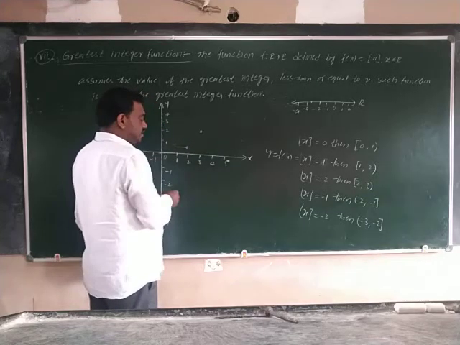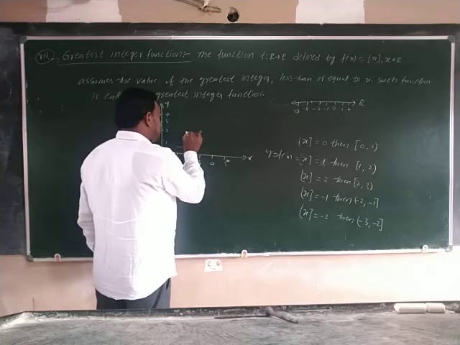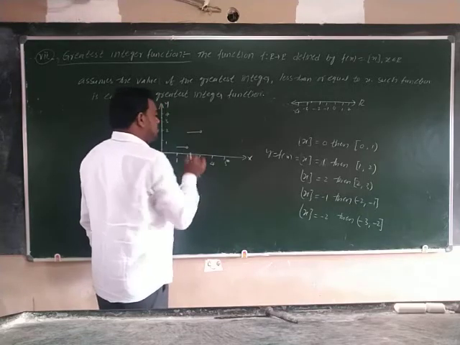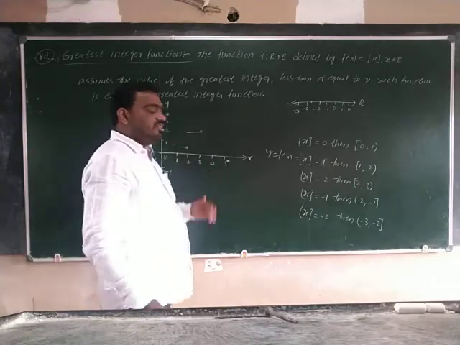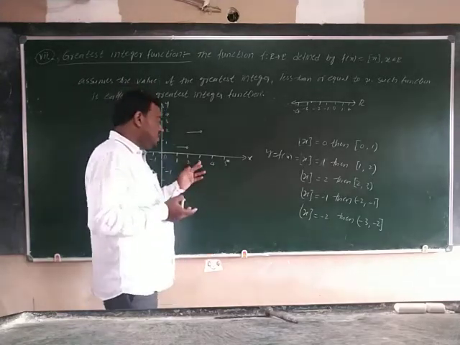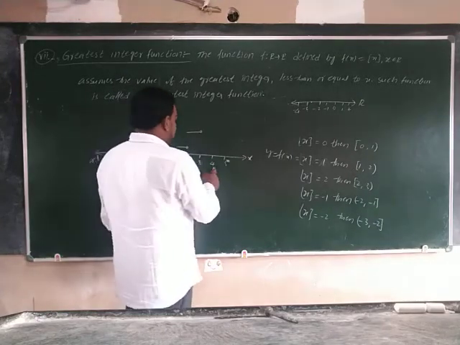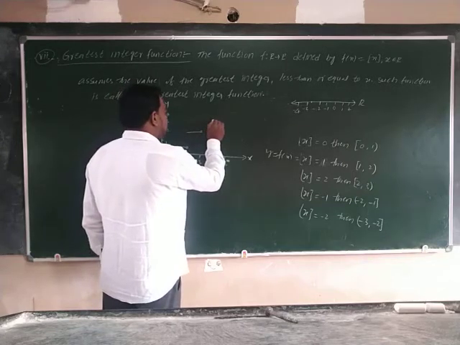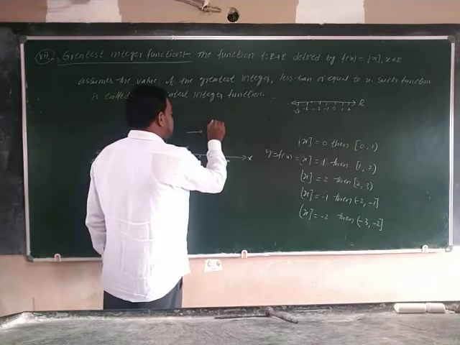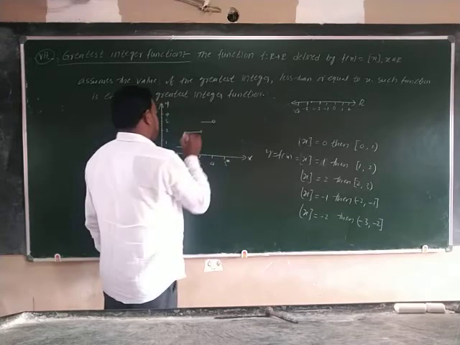Next, 3 to 4. What are we writing? 3 included, 4 excluded. The value is 3, so y equal to 3 line. 4 is excluded, 3 is included. This is the graph.